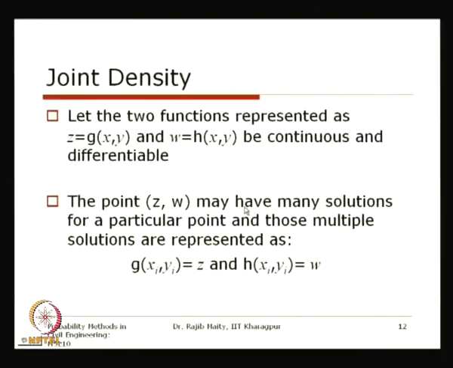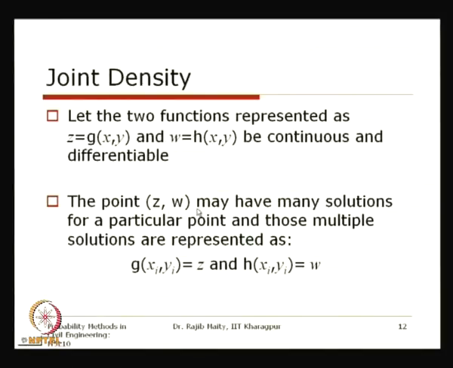Now let the two functions, z equals g(x,y) and w equals h(x,y), be continuous and differentiable. With this assumption, the random variables are continuous, and the functions are differentiable at every point.